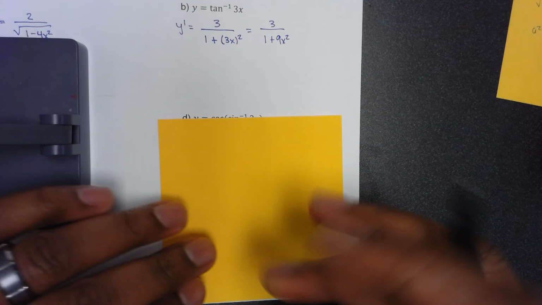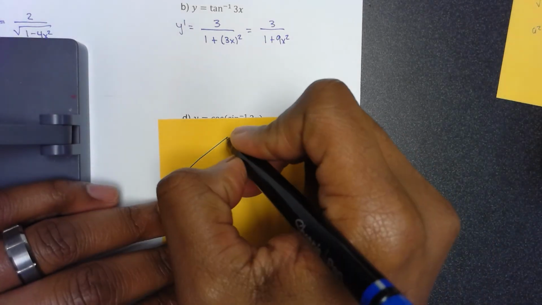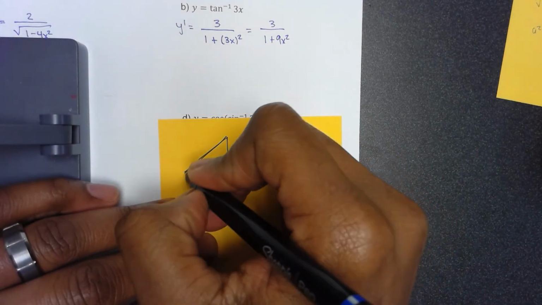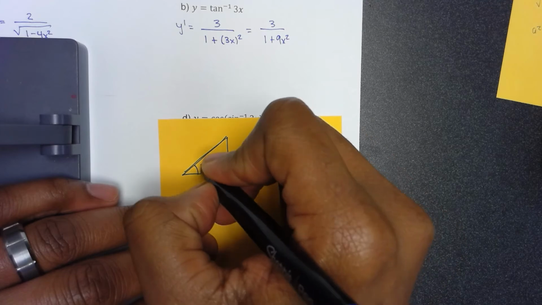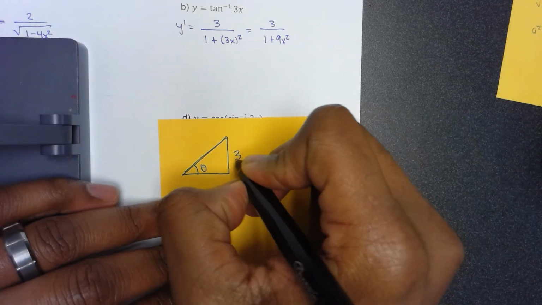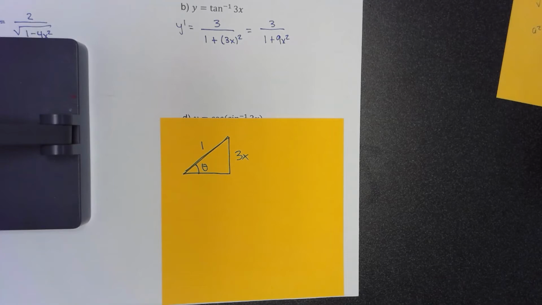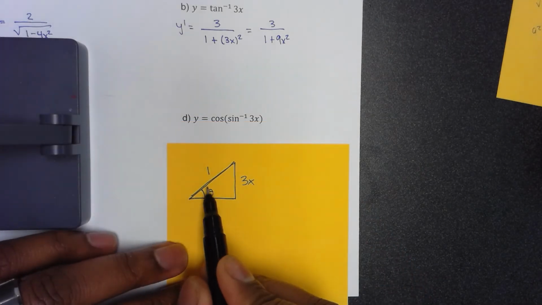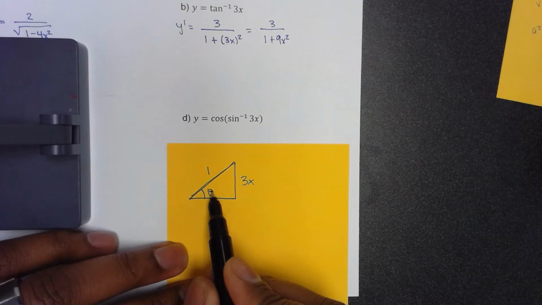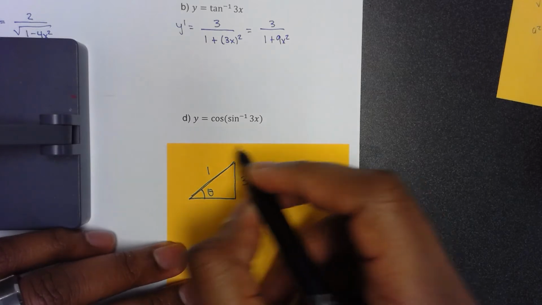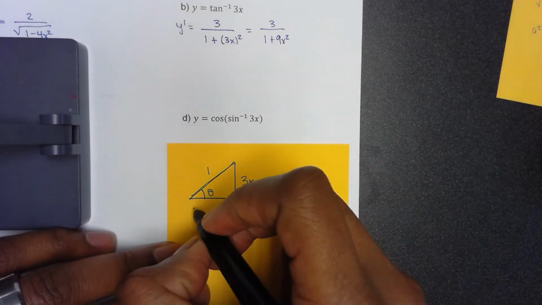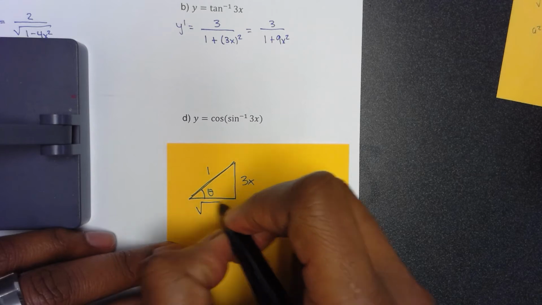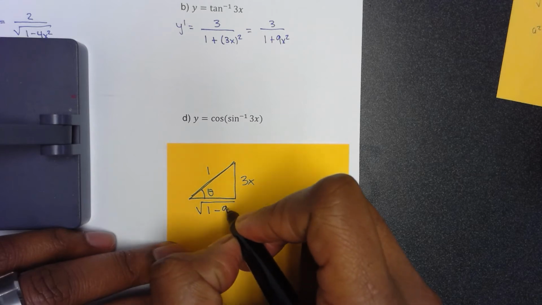Say we'll draw another triangle where we have this angle theta, so this side is 3x and that side is 1. If we wanted to know the cosine of theta, we need to determine this other side. We've already established that this would be the square root of 1 minus 9x squared.